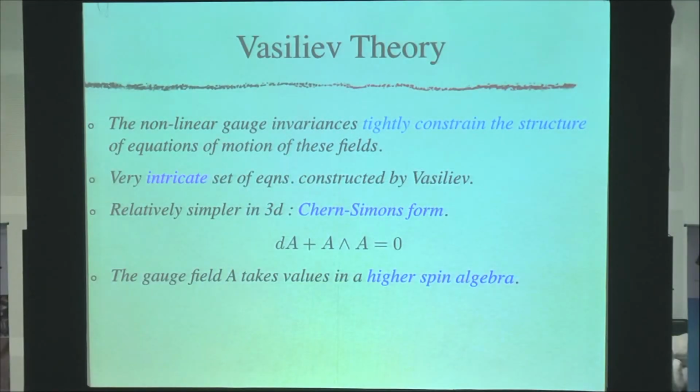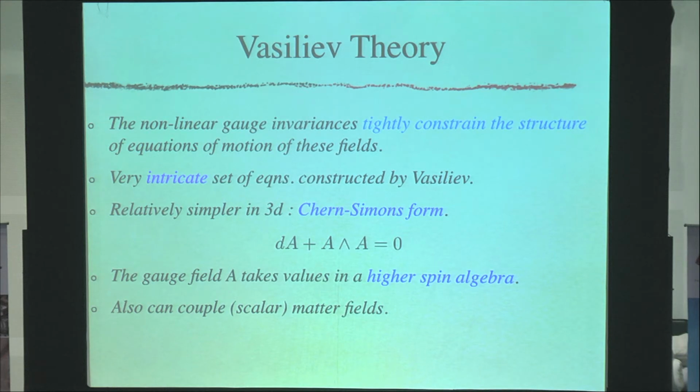So this gauge field A is related to the higher spin gauge fields that I wrote down in the previous slide. These gauge fields take values in what you might call a higher spin algebra, a much bigger Lie algebra. And in addition to these higher spin fields, which are gauge fields, you can also have matter, but the matter is very constrained.